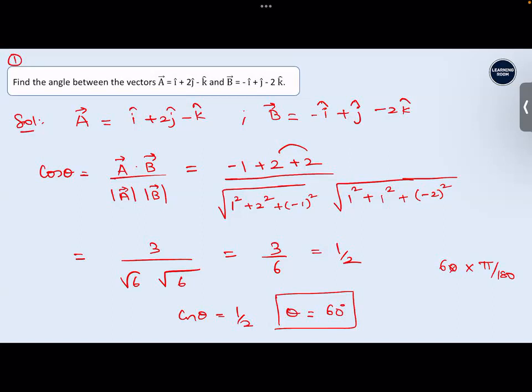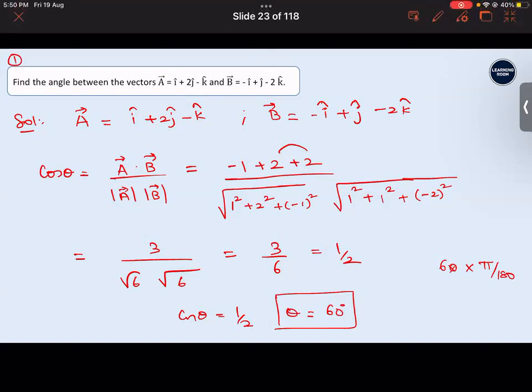When you take a compass and rotate it through 360 degrees, how many radians are you covering? 360 degrees is equal to 2 pi radians.